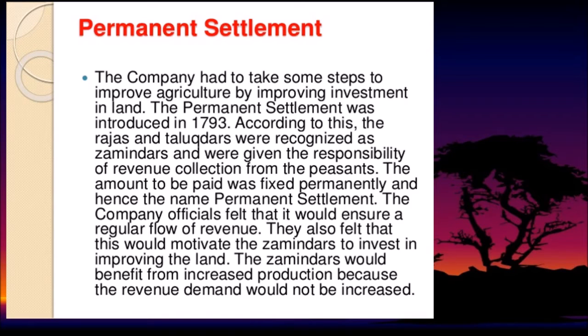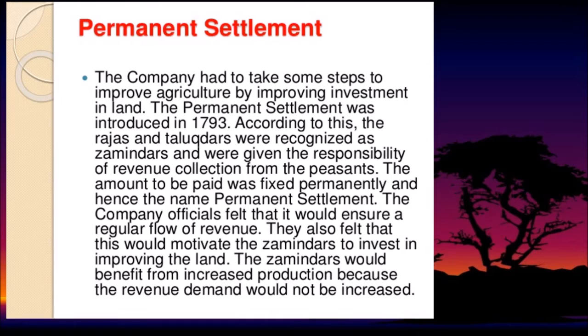Really, there was a need to improve agriculture. The company knew that most Indians practice agriculture. Most Indian people do agriculture only, right? And if it did not improve agriculture, then it could not continue to earn big revenues, big incomes. So the company introduced the permanent settlement in 1793, whereby the zamindars were asked to collect rent from peasants and also pay revenues to the company.